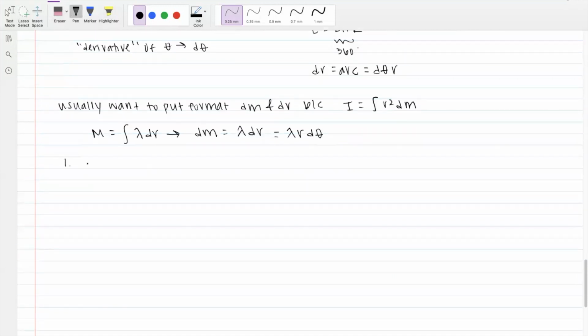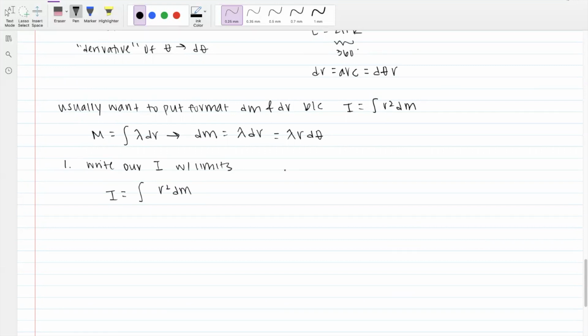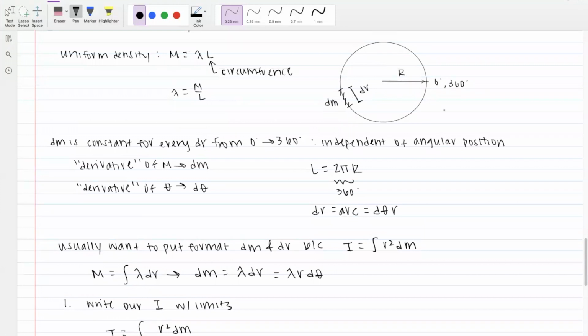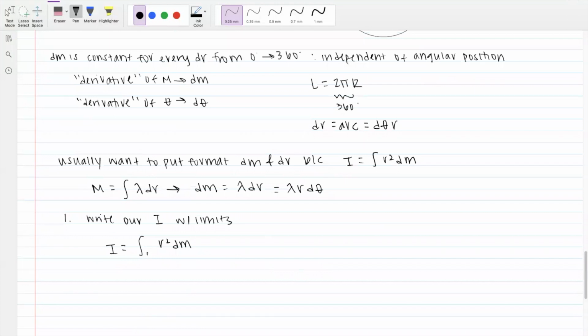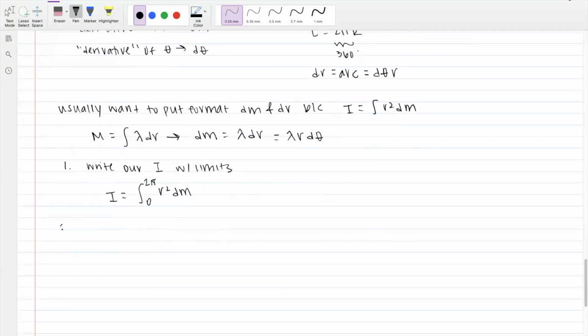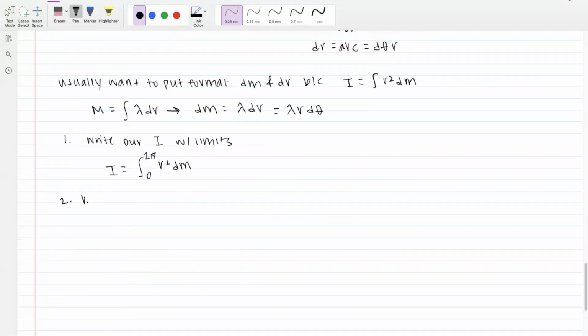Okay, so as we did before, we're going to write our moment of inertia equation with limits. So I is equal to the integral of r squared dm, and we are doing this across the entire circle, completing one revolution, so going from a theta of 0 to 2 pi, or 360 degrees. Next, we're going to replace dm and simplify.